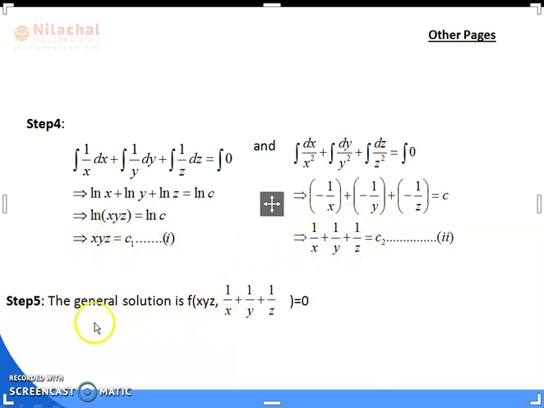So the final general solution is, this is the writing process of general solution, f of u comma v equal to 0. So in this question u is xyz, v is 1 by x plus 1 by y plus 1 by z. You have to write them separated by a comma, equal to 0. This is the final general solution of your Lagrange's linear equation. This is one example we have completed.